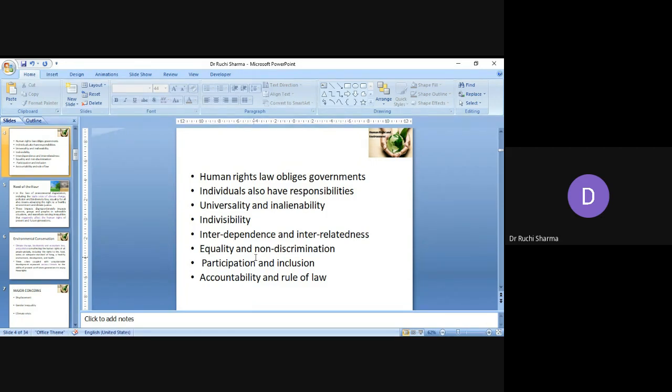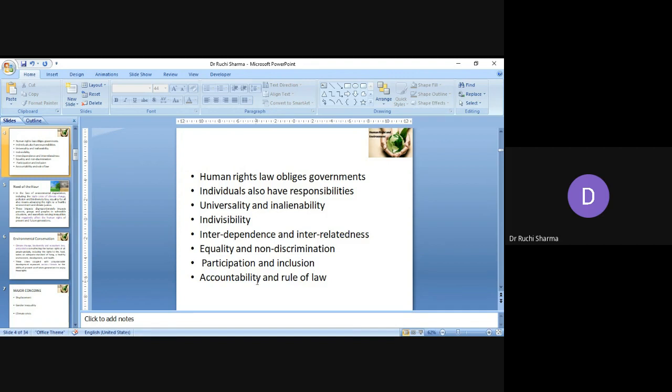Next, coming to equality and non-discrimination. When we are talking about equality and non-discrimination, all individuals are equal as human beings, and there is no discrimination based on race, caste, class, gender, etc. Then coming to participation and inclusion, each and every person is entitled to active, free, and meaningful participation.